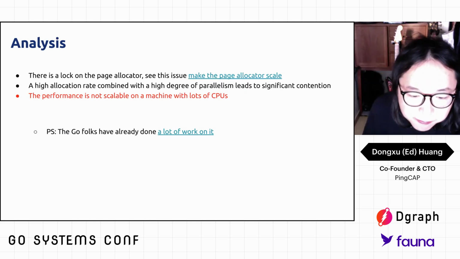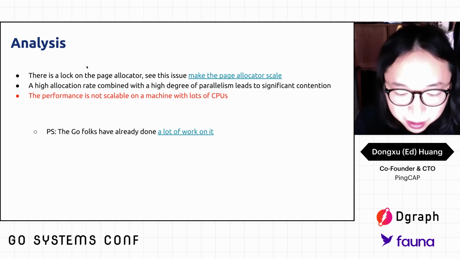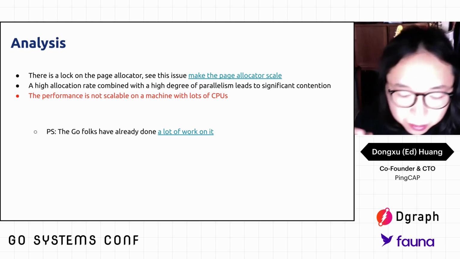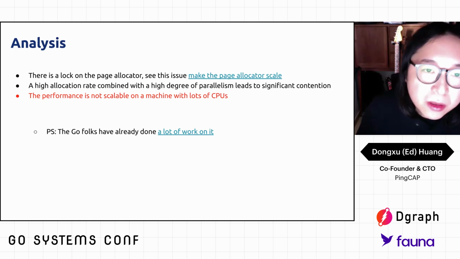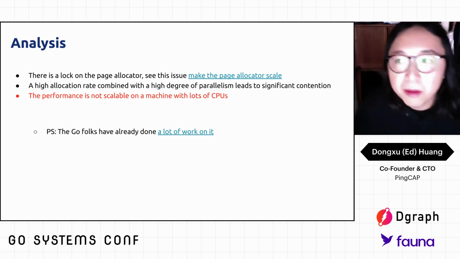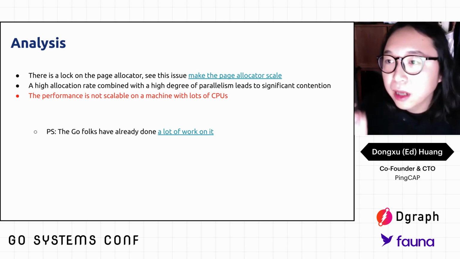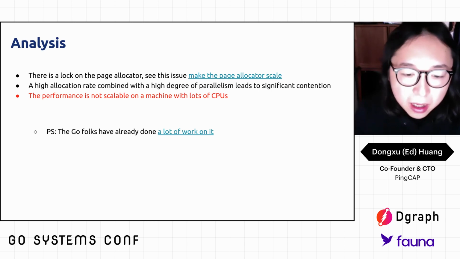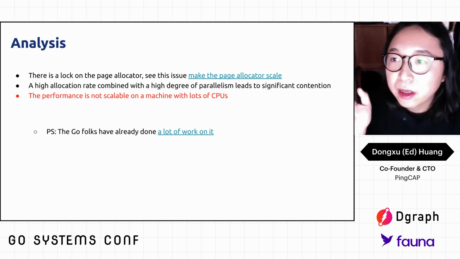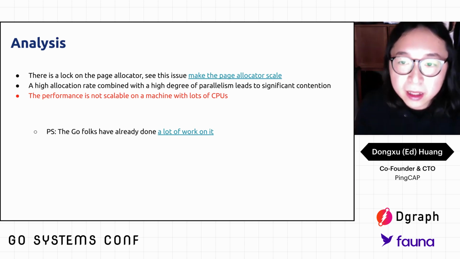So for the memory allocation module, there is a huge lock in the Go runtime. To be exact, it is the mcentral module. When there is very high frequency, highly concurrent memory allocation, there will be serious lock conflict in this module.